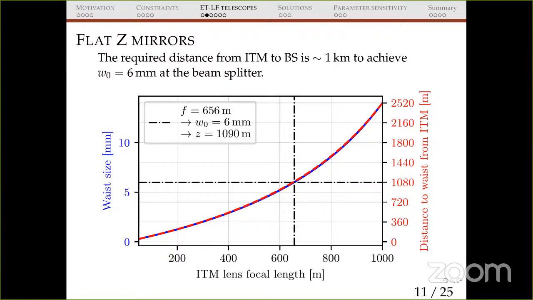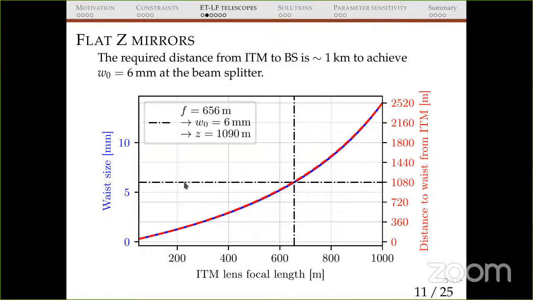So clearly the simplest beam expander you can have is where both of your telescope mirrors are flat and you just have a lens at the ITM, which is responsible for changing the beam size between the beam splitter and arm cavities. Shown here is the waist size and position of the beam propagated from the arm cavity as a function of the focal length of such a lens.